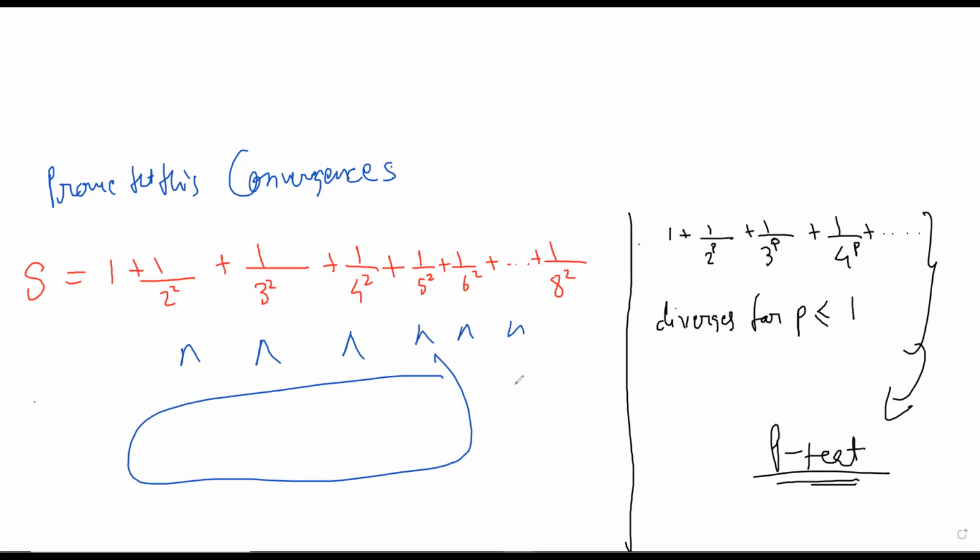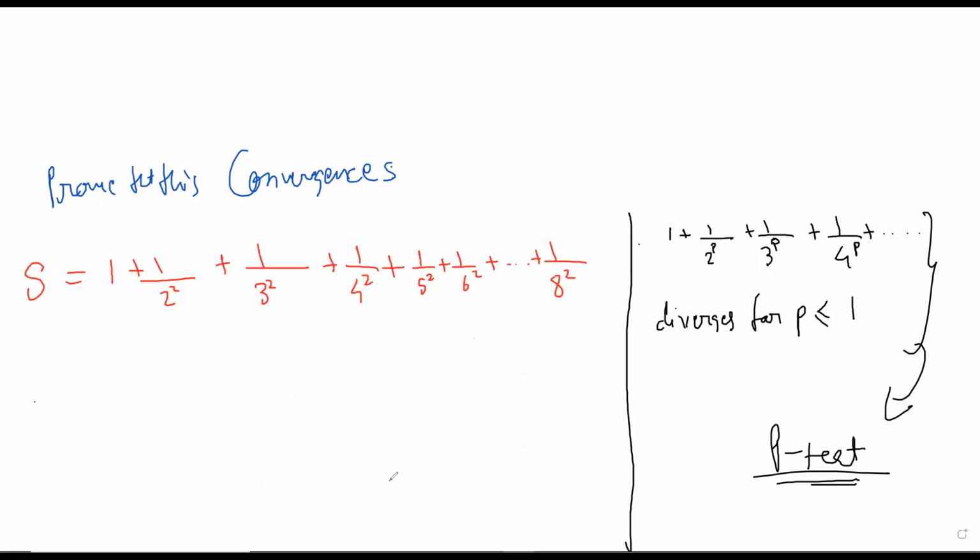Oh, you're telling if I pick a series whose each term is bigger than this, that itself converges, then the small one will definitely converge. Yeah, something like that. But maybe we have to group and compare. Like in HN, we grouped and put a lower bound, and that lower series was also diverging.